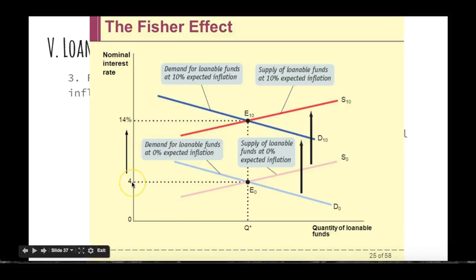Instead of being at a 4% interest rate, it'll now be at a 14% interest rate. So the demand for loanable funds at a 10% expected inflation rate incorporates that we already had an equilibrium at 4%, but we also know that prices are going to go up by 10%, so we have to add 10% to whatever our original equilibrium was. So now our interest rate is at 14%.